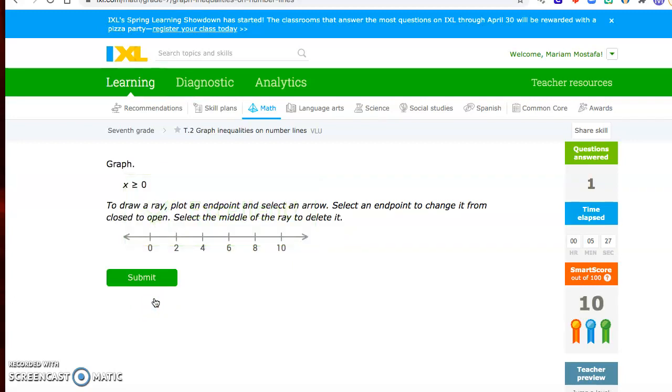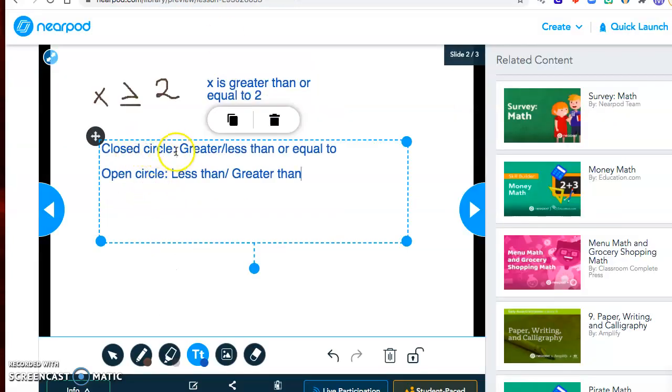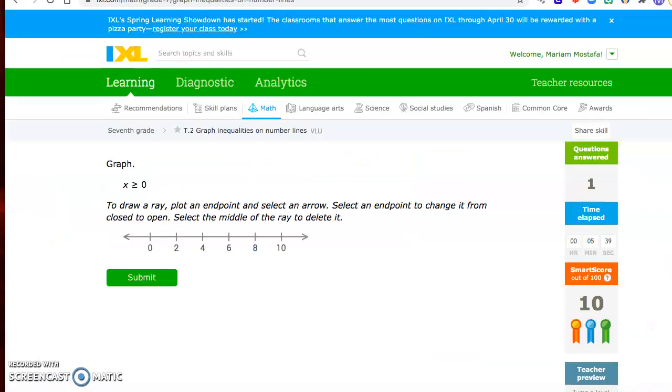Let's submit. Next one says x is greater than or equal to 0. Remember, a closed circle means greater or less than or equal to, so I know this is going to be a closed circle. I'm going to go to 0 and close the circle, and it's saying x is greater than or equal to 0.